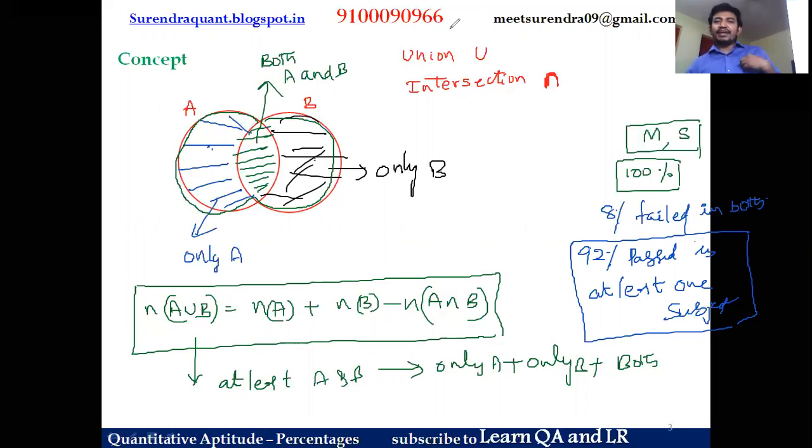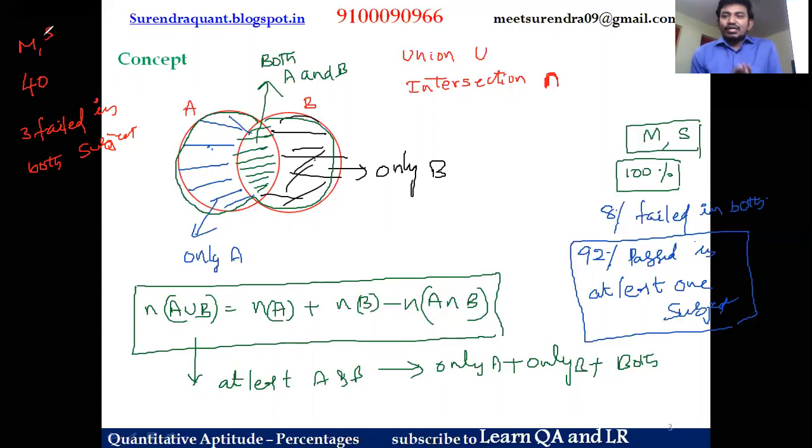So this N of A and B may represent only math or only science or both. Let us understand by taking a beautiful numerical. So let us say, friends, 40 students take a test. If somebody says out of this 40, 3 students failed in both subjects. They are taking 2 subjects, name them as math and science.